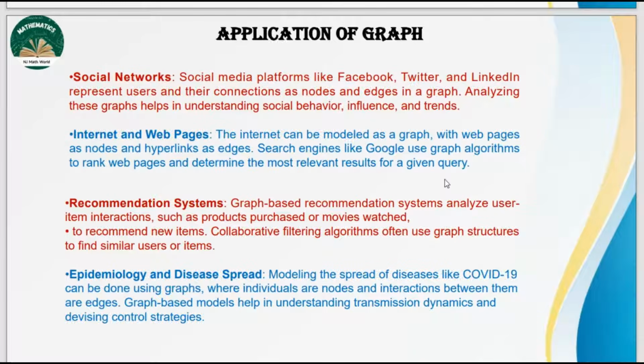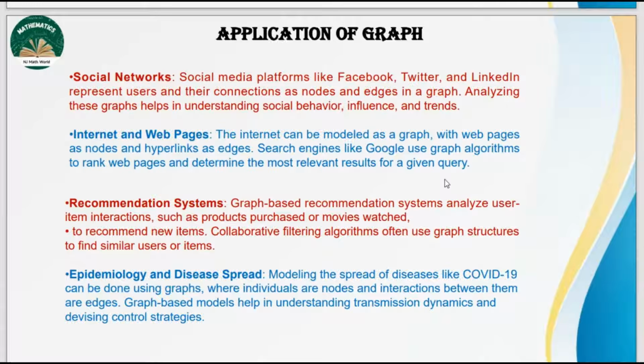The next one is internet and web pages. The internet can be modeled as a graph with web pages as nodes and hyperlinks as the edges. So for searching in Google, it uses graph algorithms to rank web pages and determine the most relevant results for given queries.